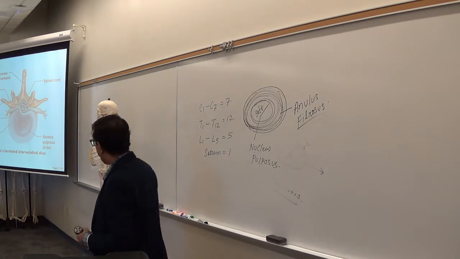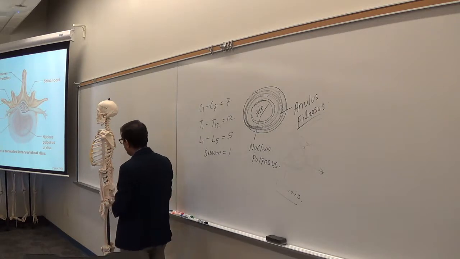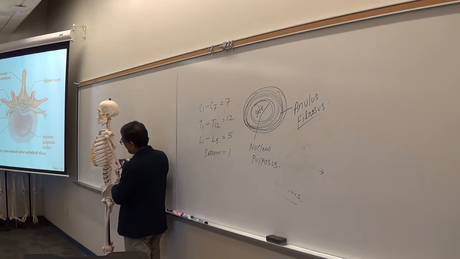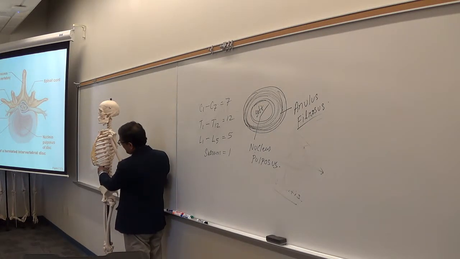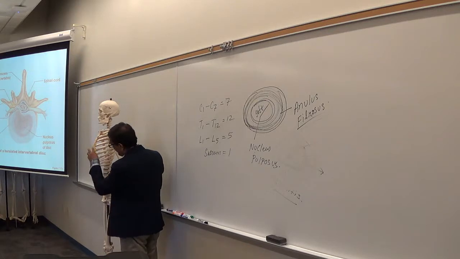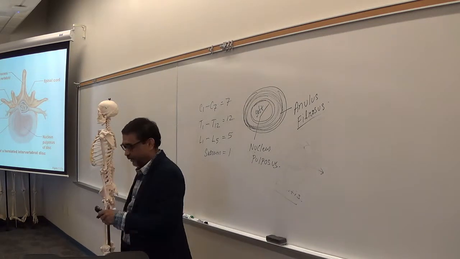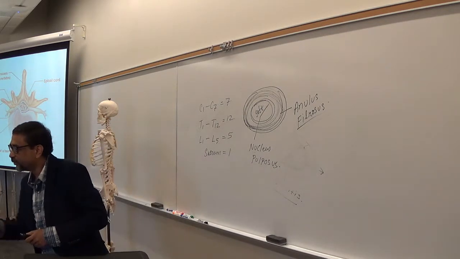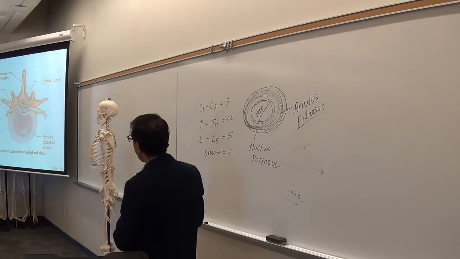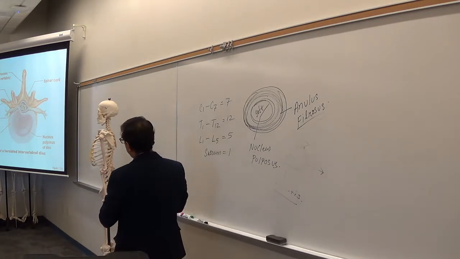Here, you see what happens. Sometimes, if excessive pressure is given on the intervertebral disc, that can cause what? The inner soft part to push outwards, move outwards.